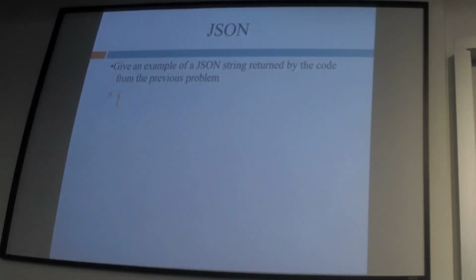JSON objects start with curly braces, and then we would have TTL, colon, some title, comma, writer, colon, some writer, some author, and then copies would be an array of just unsigned ints. So 1 and 2.